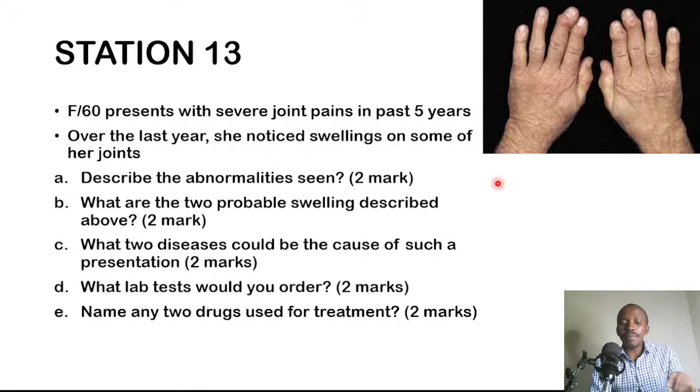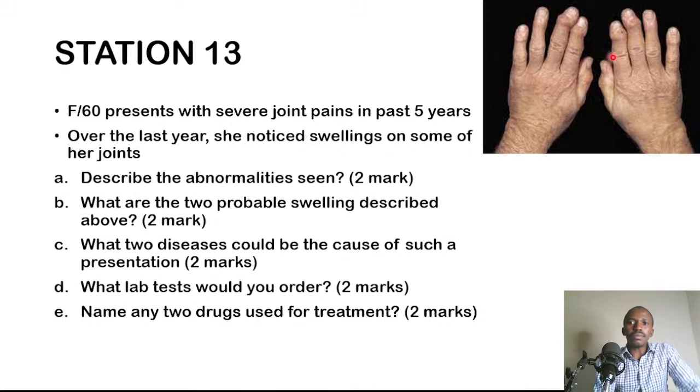So as we can see here, we have swellings at the distal interphalangeal joints, or the DIP. There is also some erythema, and there may be some swelling of the fingers. There is some dactylitis, not polydactyly. Polydactyly is extra digits.